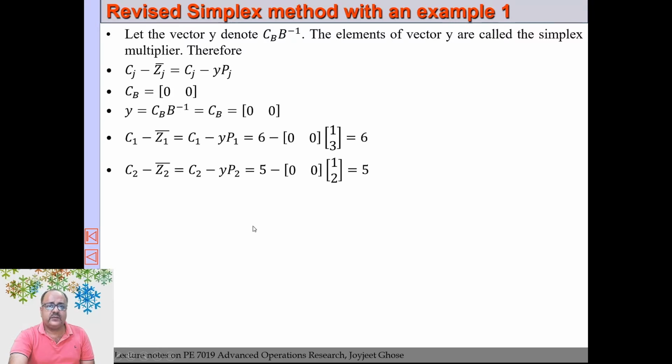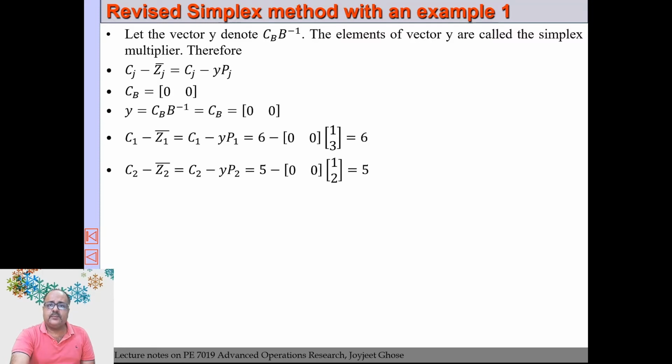Now how do we test whether this is an optimal solution or not? Out of these two calculations, both are positive. If any one of them is positive, then it is not an optimal solution. So definitely this is not an optimal solution, and the entering variable will be the one which is the highest. Here 6 is the highest, so P1 will be the pivot column and x1 will be the entering variable.